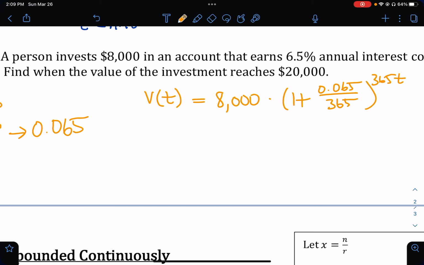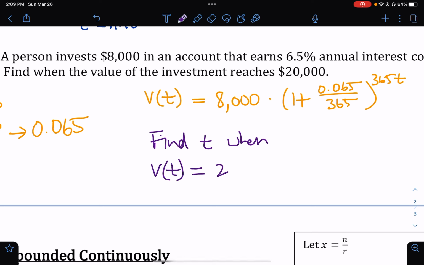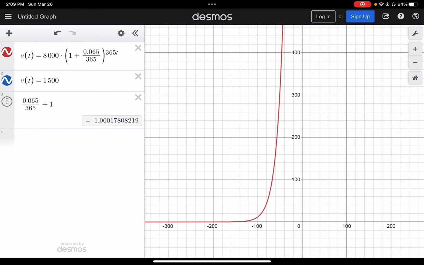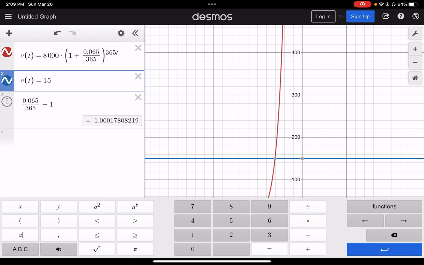Our V of t in this case, we want to know when does it reach 20,000. Right, find t when V of t equals 20,000. So again, use Desmos, type in that V of t equals 20,000.